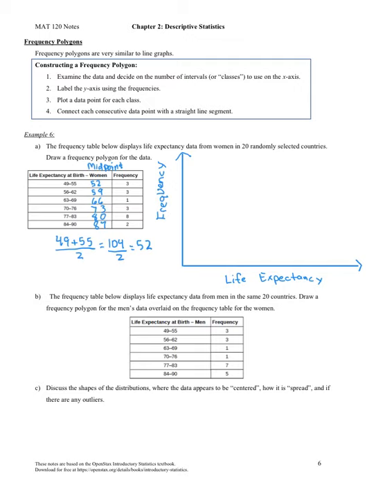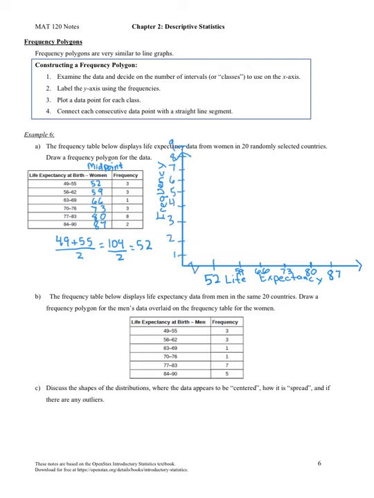We're going to label the x-axis with our midpoints. While we're doing this, keep in mind that a frequency polygon looks an awful lot like a line graph.